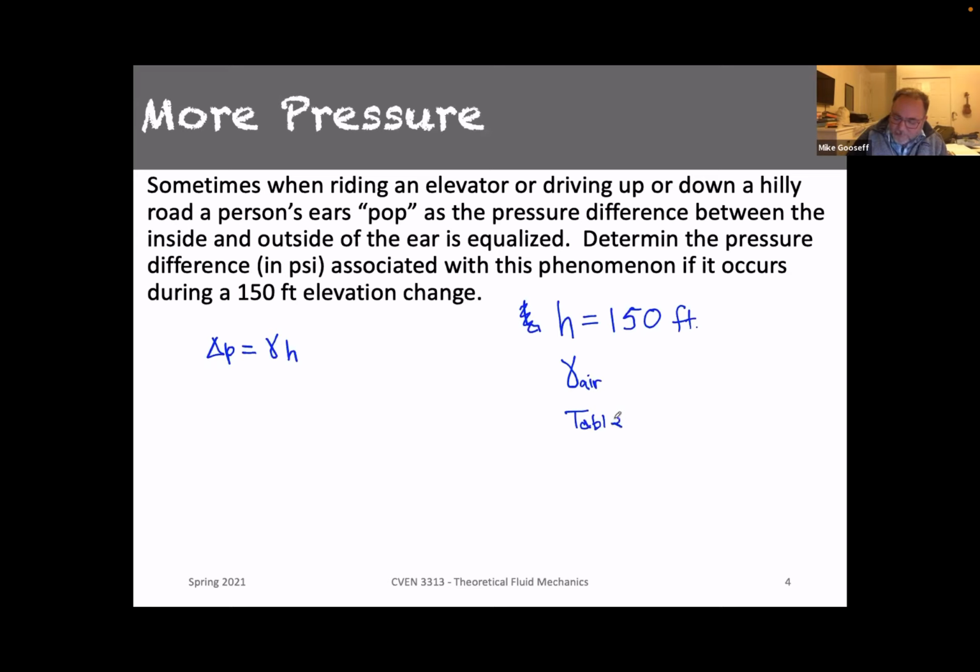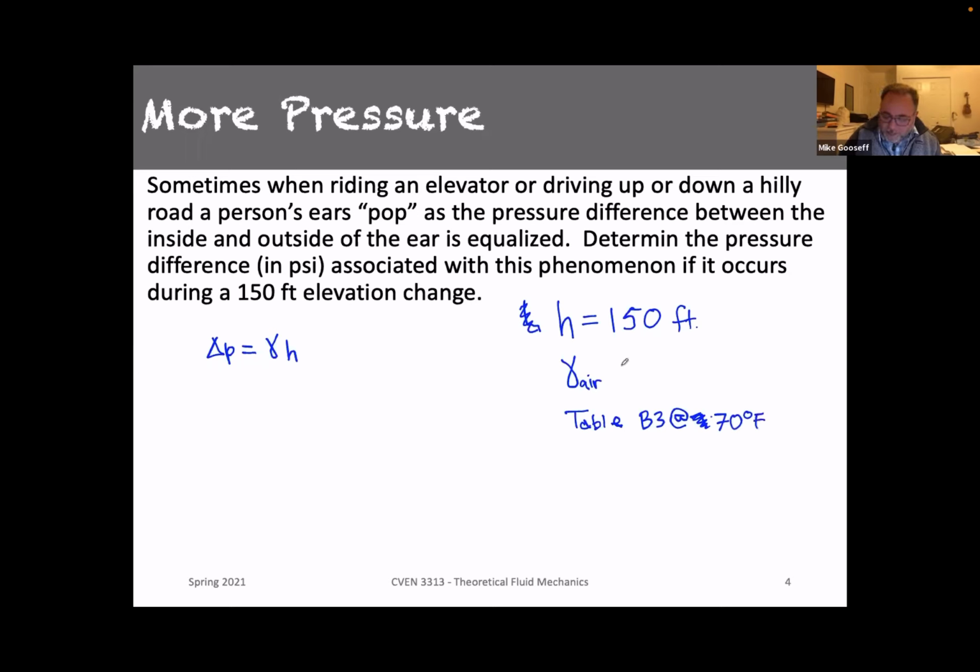So this is table B3, which is a bunch of values for air at different temperatures. And I'm just going to assume 70 degrees Fahrenheit.